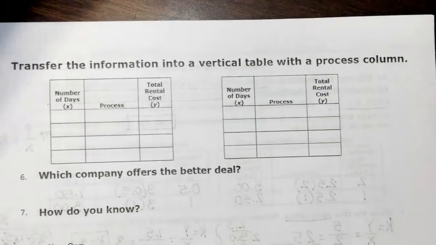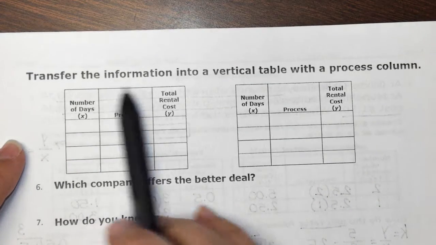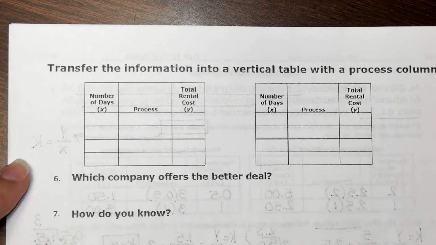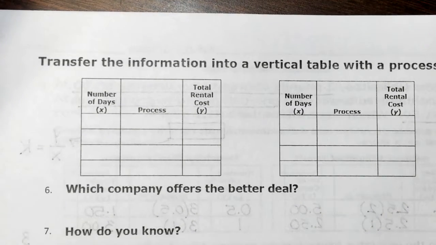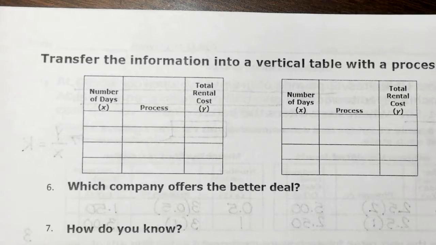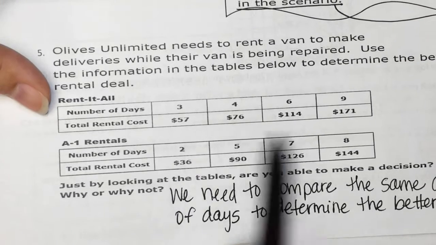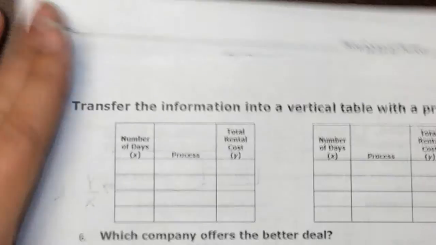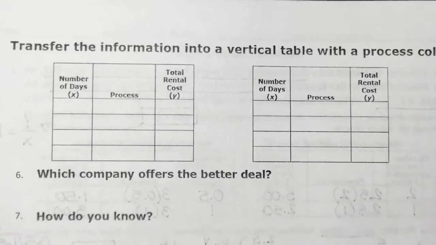It says to transfer the information into a vertical table with a process column. So if they didn't give you these tables, but they gave you horizontal tables, you would want to create vertical tables with a process column. So that's what we're doing right now. All right? So here we go.